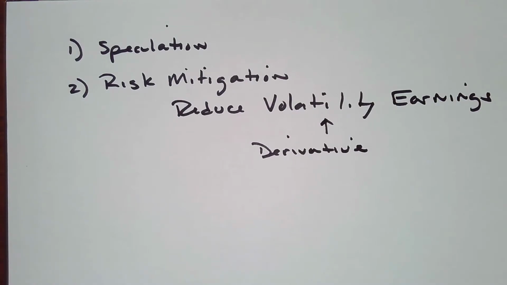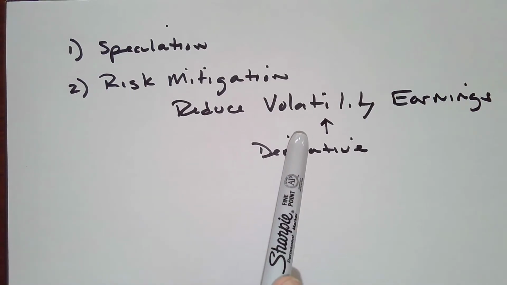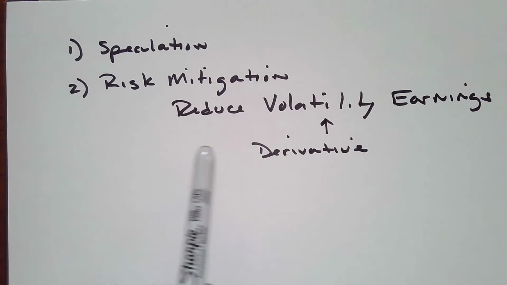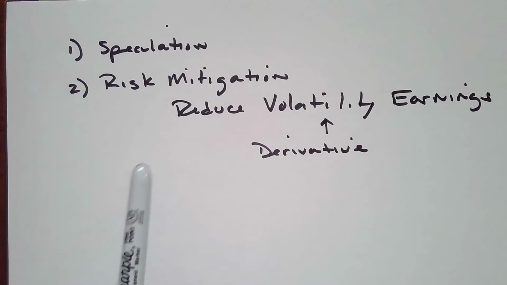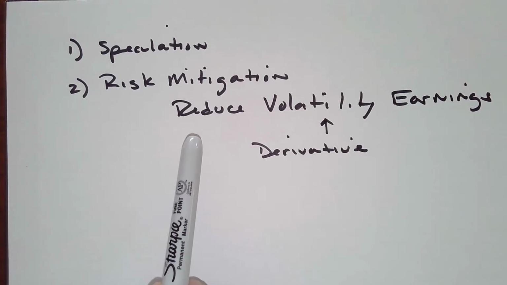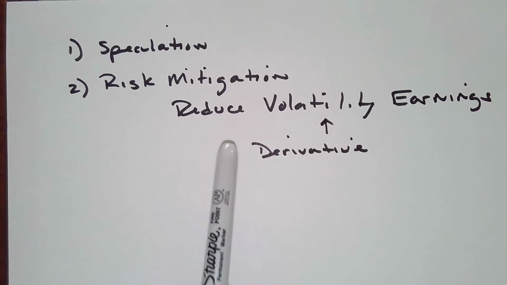Because they're trying to reduce the volatility in earnings by eliminating these internally uncontrollable market risks that exist, whether it's due to prices, interest rates, foreign currencies, whatever. These cannot be controlled by the organization. These are risks that generally can only be shared with other counterparties.